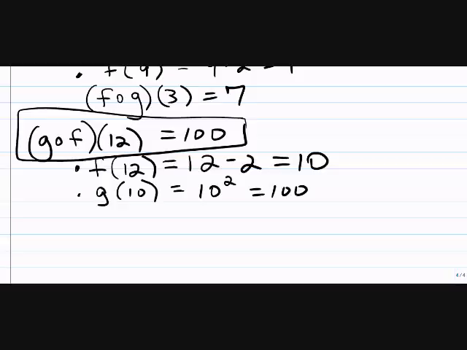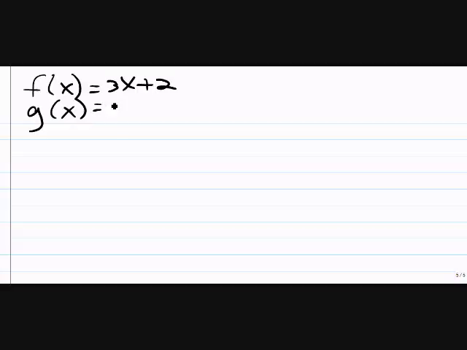All right. You want to do one more? Okay. So let's make this one really fun. I'm going to call f of x 3x plus 2. I'm going to call g of x negative x minus 1.